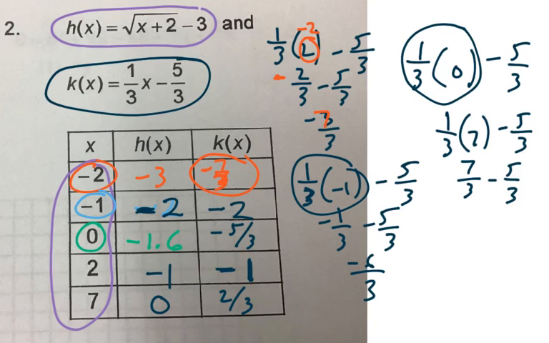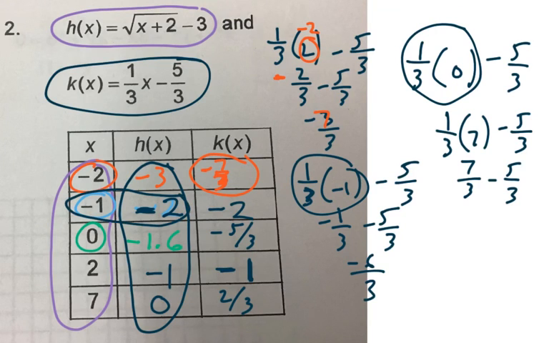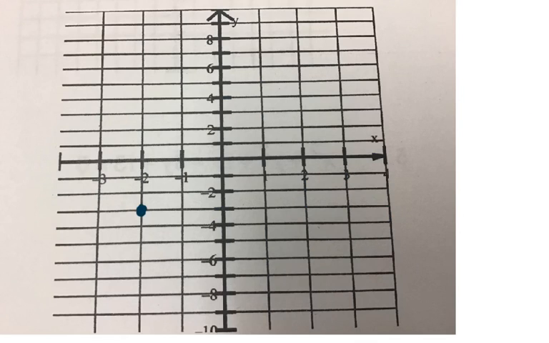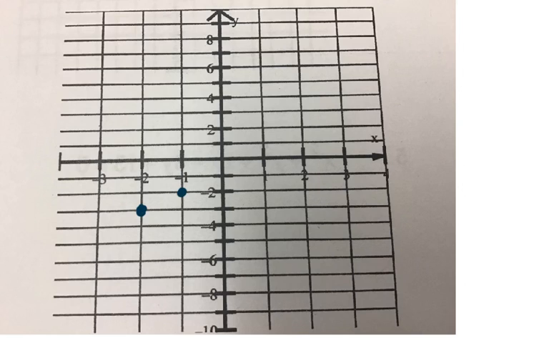So guys, now we're just going to graph it, right? So let's go ahead and do that. Let's start with h of x. So we're going to graph these values right here. So -2 is -3, right there. -1 is -2, right there. 0 is -1.6 approximately.